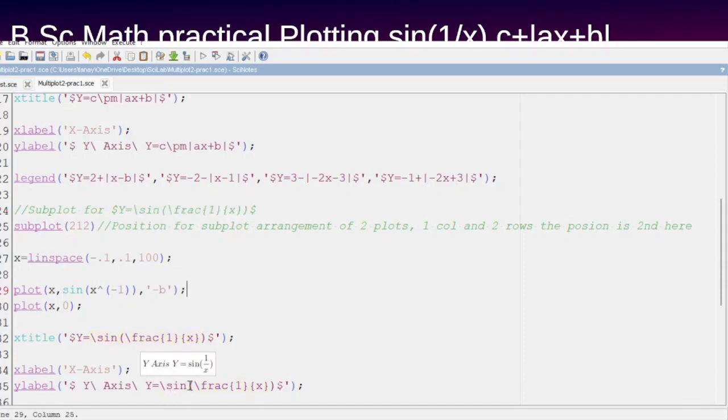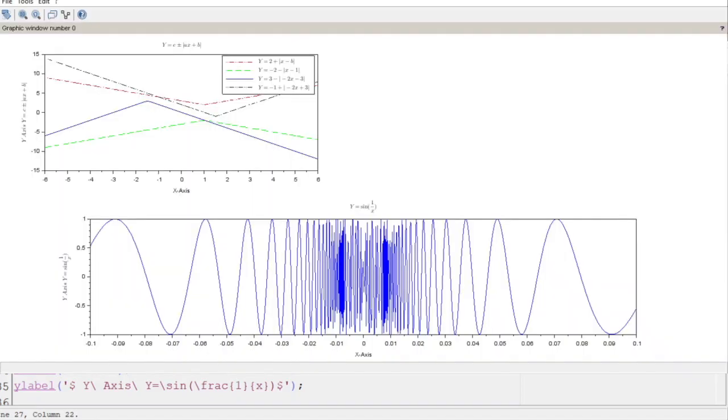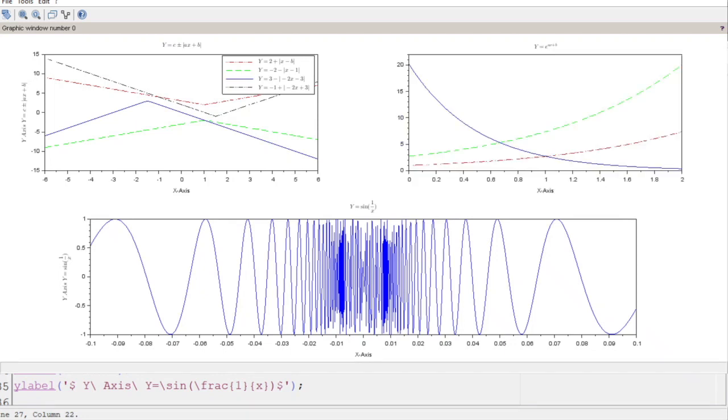In this case, if I increase the number, what will happen? I put it like 1000. Now I plot this. Immediately the graph will look like this. You can see the difference.